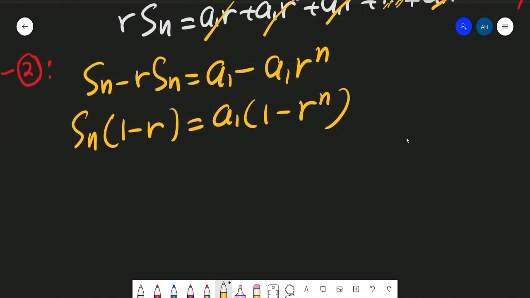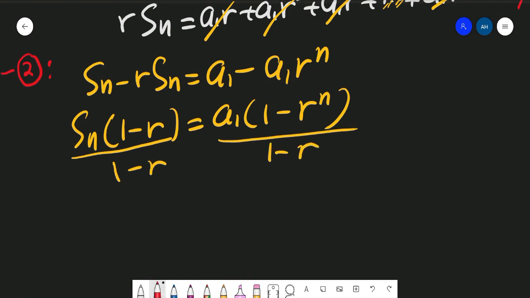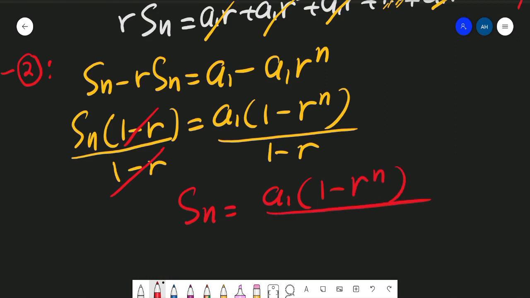Now we are going to divide both sides by 1 minus r. Then we can cancel 1 minus r on both sides, so we are left with Sn equal to a1 times 1 minus r to the power n, over 1 minus r.